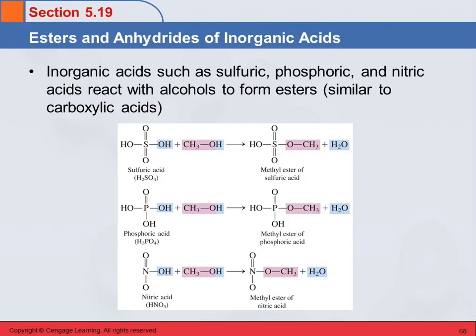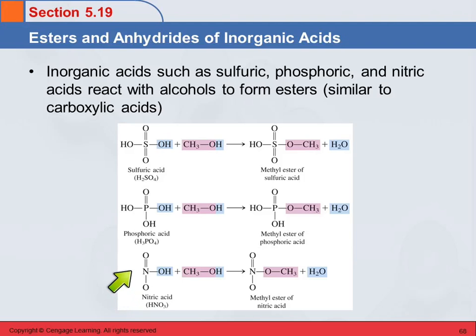And so this OH group here and the hydrogen from the alcohol are going to go off as water, and the main part of the alcohol is going to be attached to the sulfuric acid. So this is a methyl ester of sulfuric acid. This can happen with phosphoric acid and with nitric acid as well. So we can get esters with inorganic acids and alcohols.